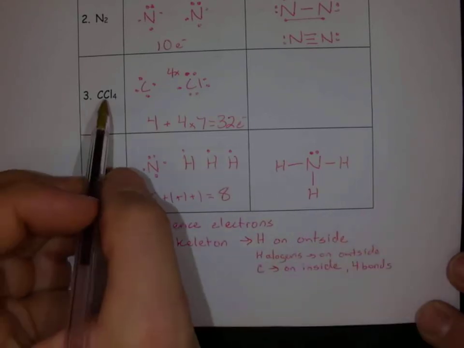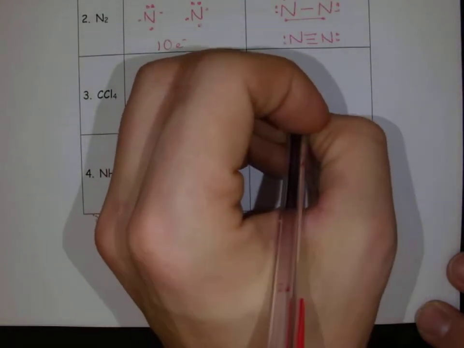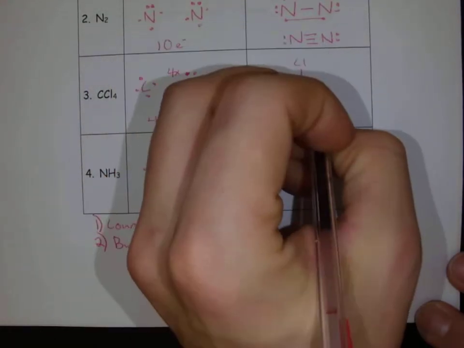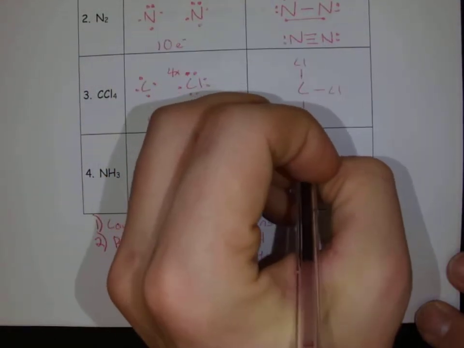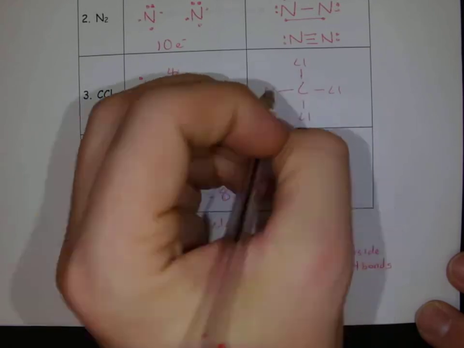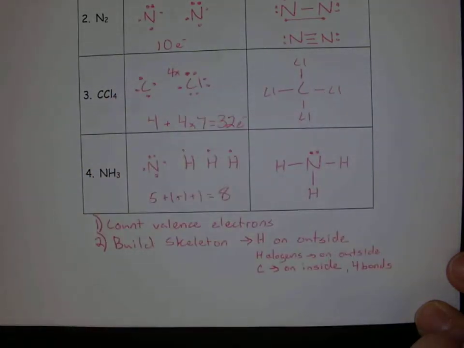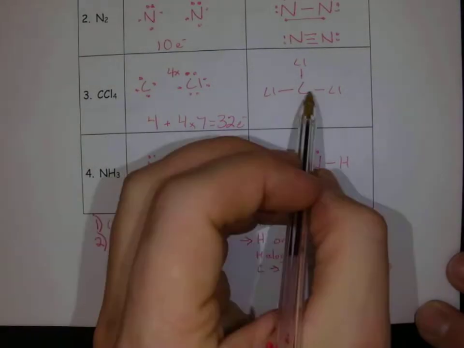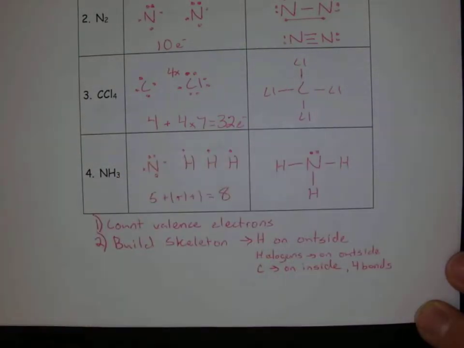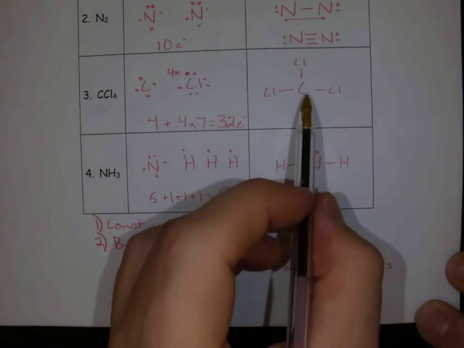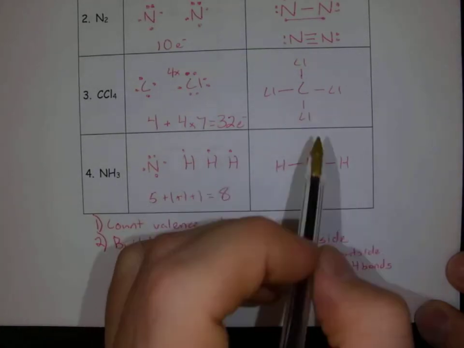So let's put carbon in the center, and let's give a chlorine onto each side. If we do that, that's 2, 4, 6, 8 electrons that we've accounted for, so we would have 24 electrons left. Carbon has 2, 4, 6, 8 electrons around it, so carbon doesn't want any more electrons.